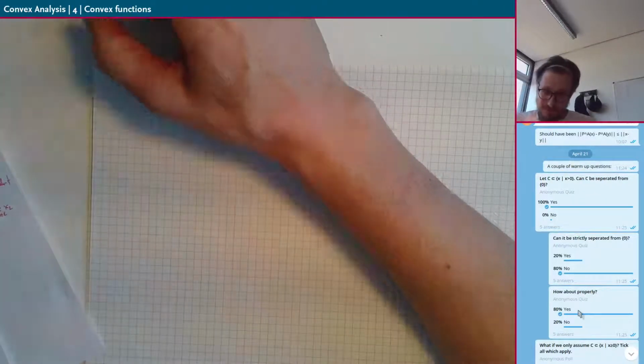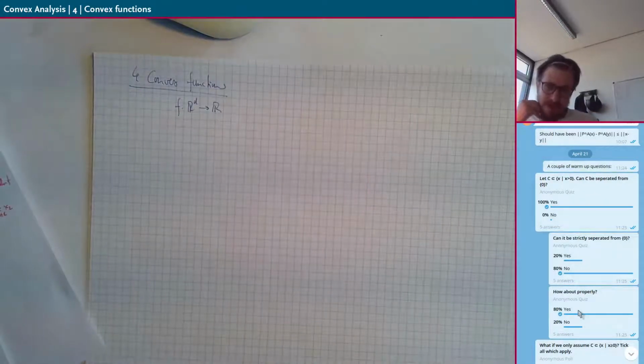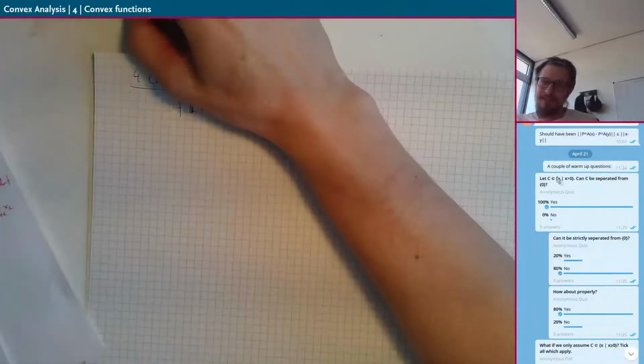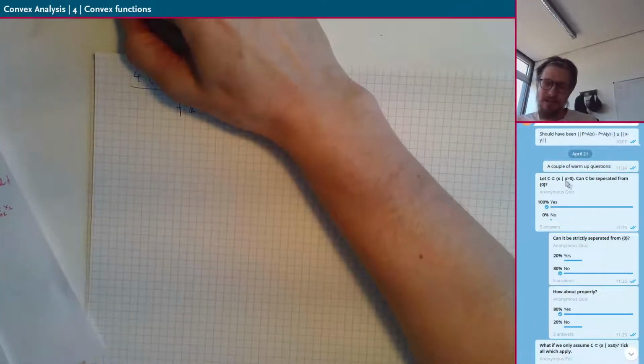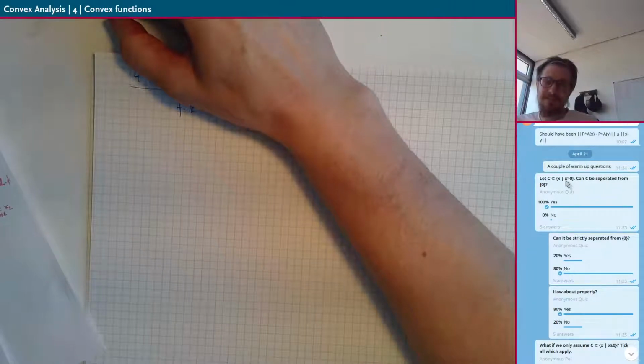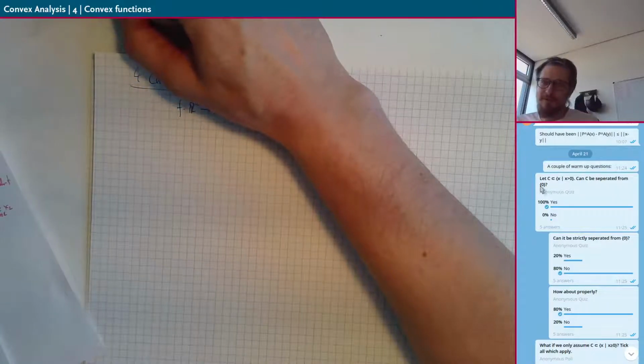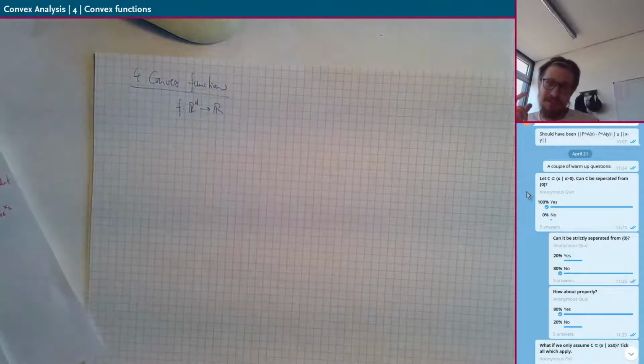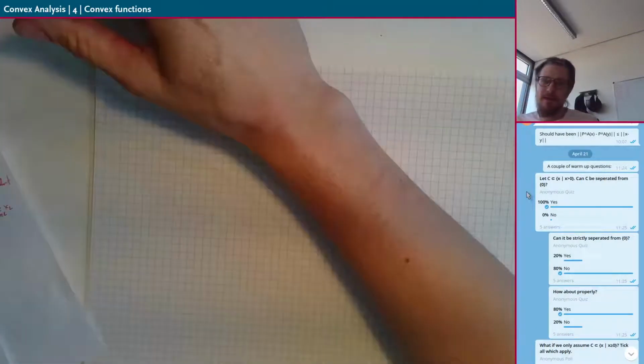But proper separation is always possible, because the set C has to contain non-negative numbers. What you need is that the inner products, with one element here and one element there, really differ. And of course they do.